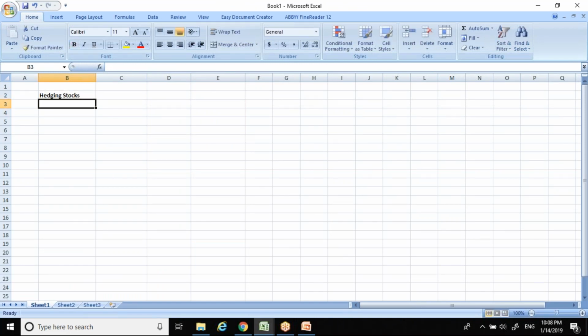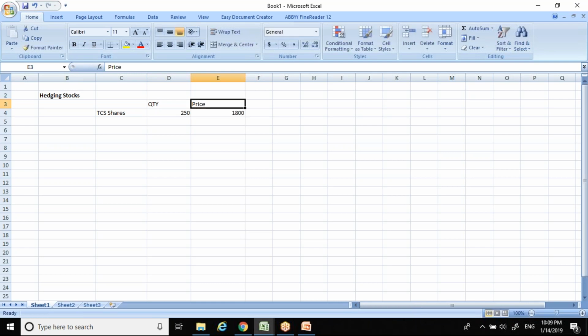So, let's suppose we have a share, we have TCS, right now TCS shares, and the QTY, basically the quantity is around 250 and the price is around 1800 per share.